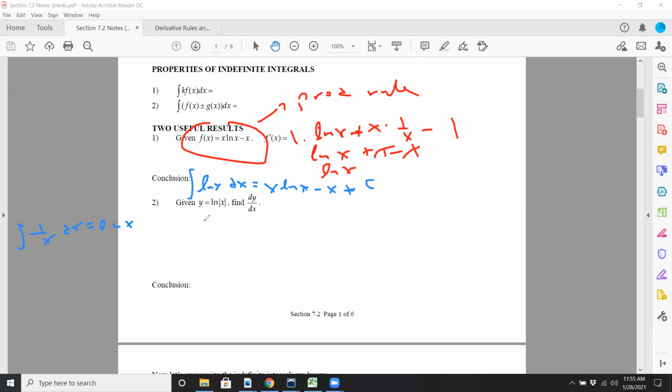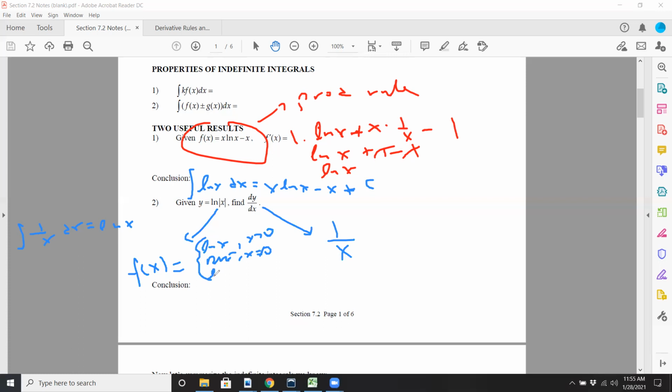Now here, what if you're given y equals natural log of x? We know the derivative is 1 over x. But because this represents an absolute value, what if I do a piecewise function? You can have natural log of x if x is greater than 0. If x equals 0, obviously it does not exist, because you can't take the log of 0.